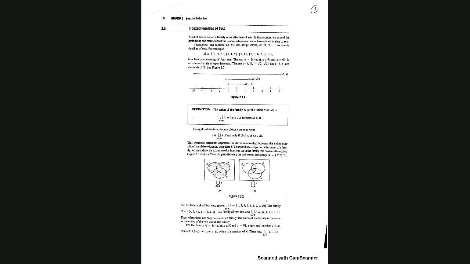Remember, negative square root of 2 to 2 is bigger, so -1 to 1 is inside this one. It's also inside this one. So for these 3 sets, the intersection would be -1 to 1. If I just took these 3 only, the union would be what? -5 to 5. Okay?